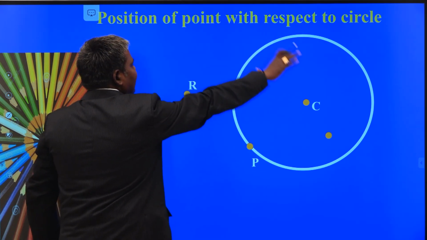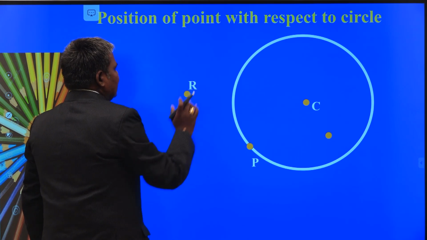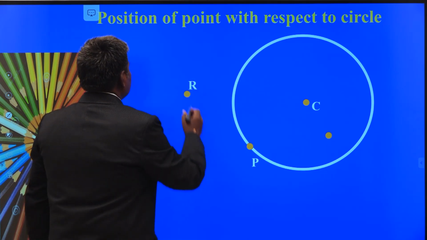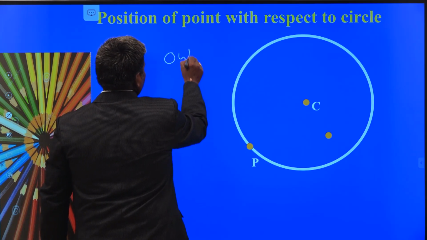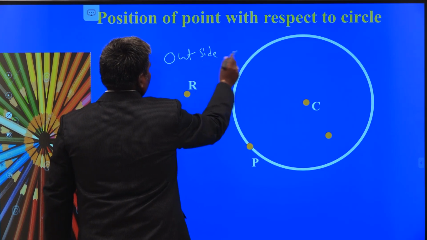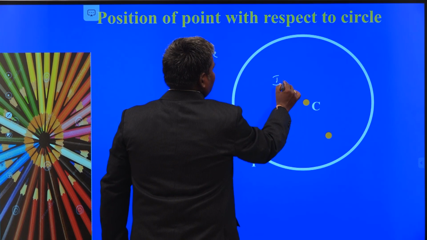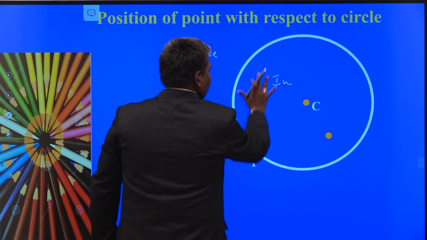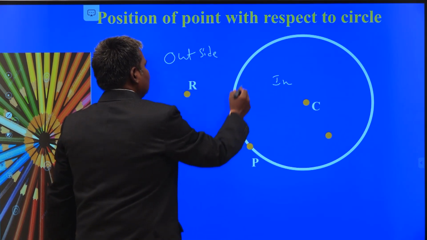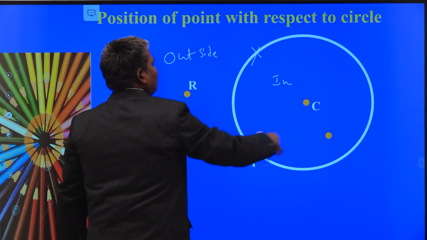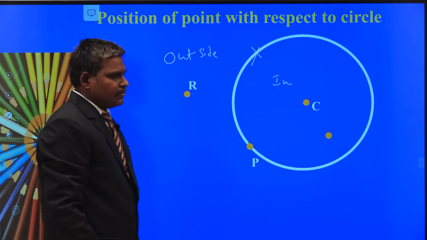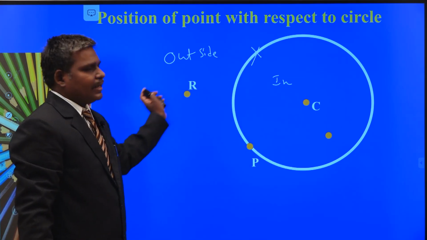So if you draw any circle in this plane, the circle divides the plane into regions. This is the outside portion. So the entire thing is outside the circle, and this portion is inside the circle. These are the points which are on the circumference of the circle. So these are the 3 categories.